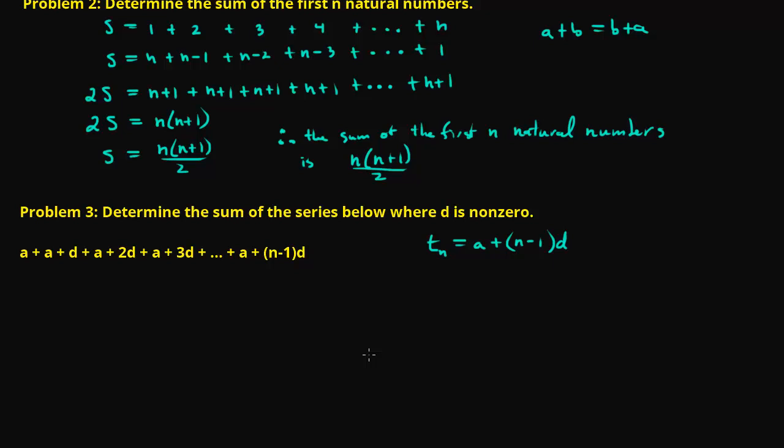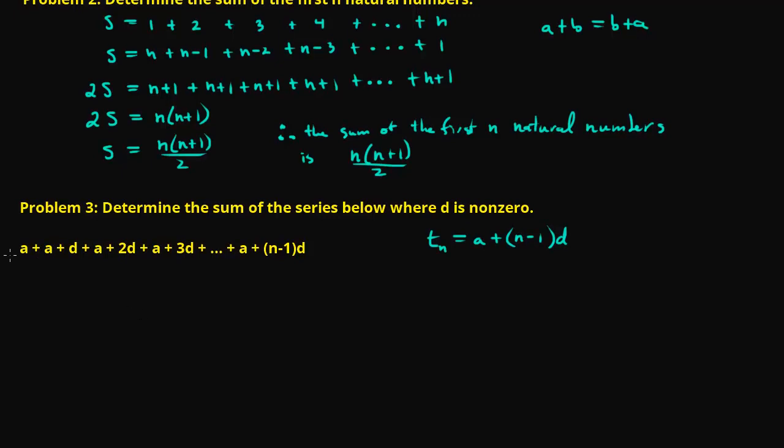So what I have here is the sum of the terms of an arithmetic sequence. Let's implement the same method that we used above to come up with a formula for summing the first n natural numbers. What we did was add all of the terms in reverse order, and we called this value s. So let me write this out a little nicer.